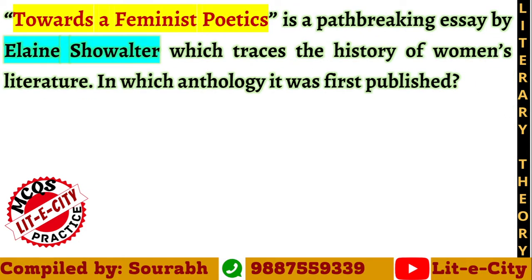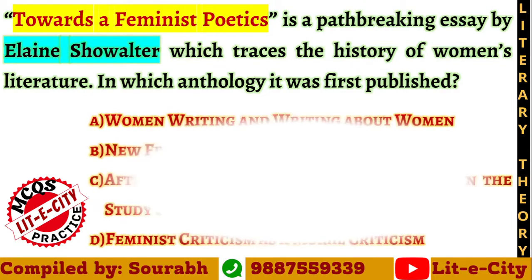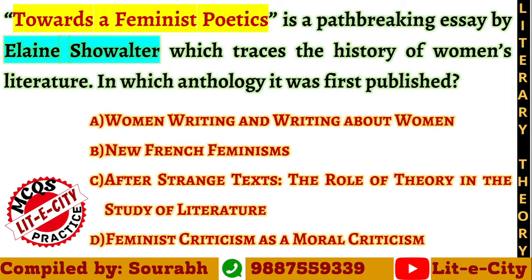Towards a Feminist Poetics is a path-breaking essay by Elaine Showalter, which traces the history of women's literature, women's writing. Now, the question is in which anthology it was first published. Our options are Women Writing and Writing About Women, New French Feminisms, After Strange Texts, The Role of Theory in the Study of Literature, and Feminist Criticism as a Moral Criticism.